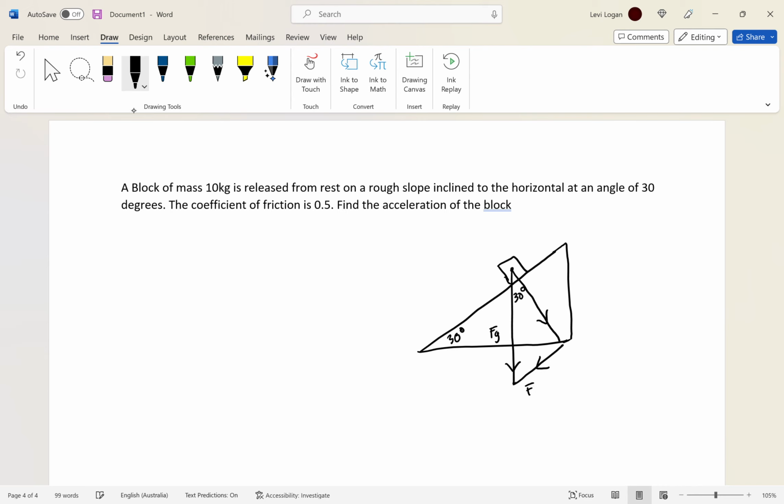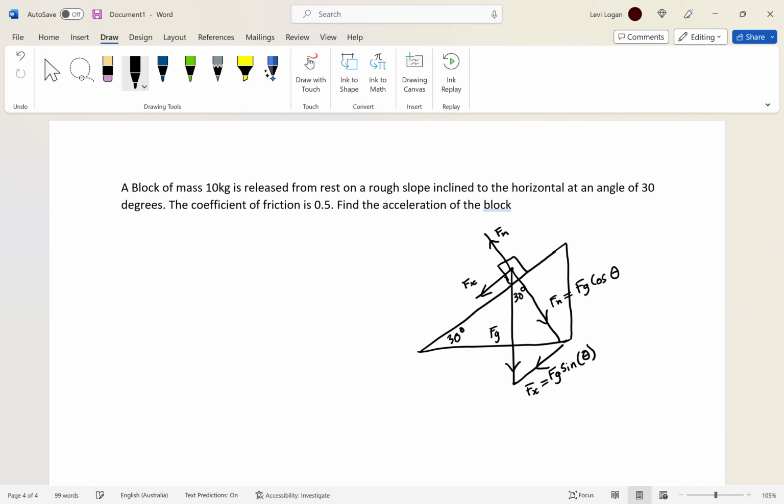This is Fx, which is Fg sine of the angle. This is our normal force, which is Fg cos of the angle. Draw little vector diagrams. So this is Fx, this is Fn.